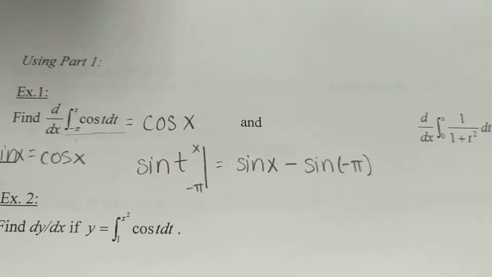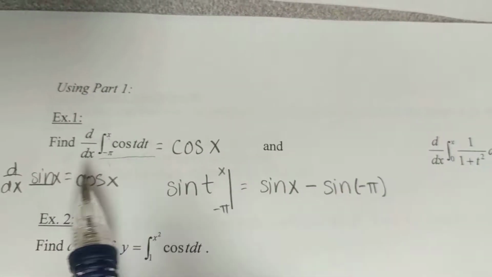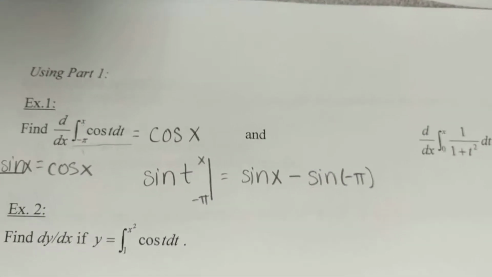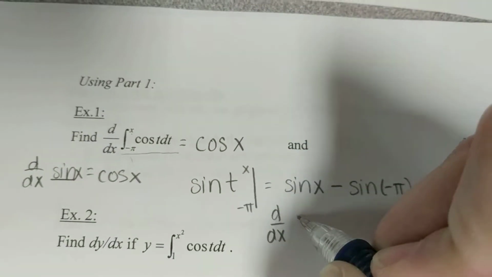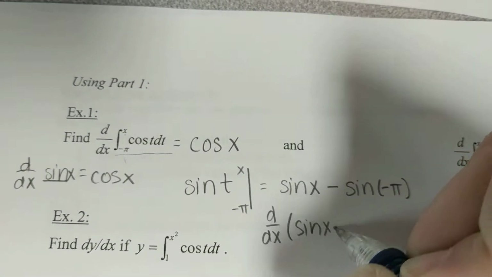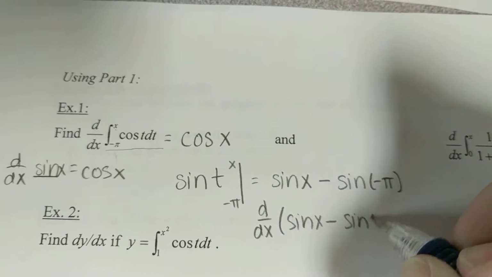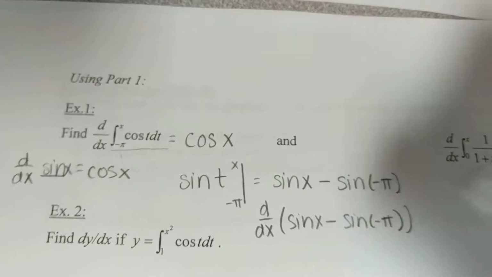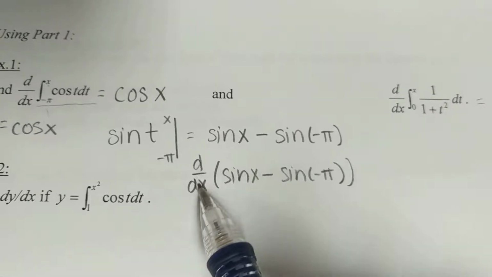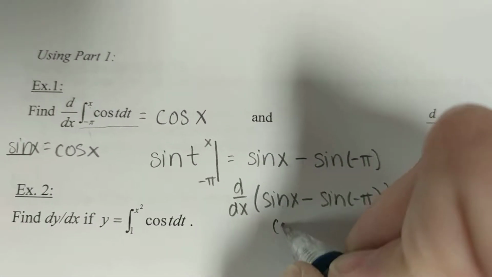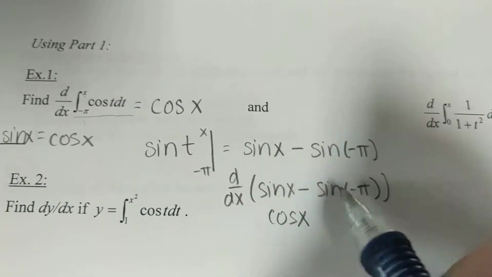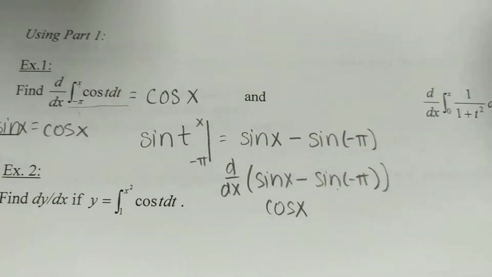I'm going to just leave it like that because this says now find the derivative of all of that. So if I do the derivative of sine of x minus sine of negative pi, the derivative of sine is cosine of x, and the derivative of a number is just 0.